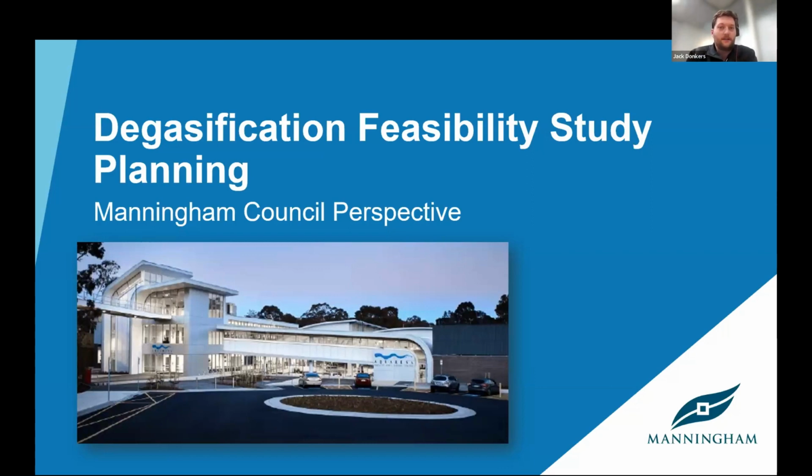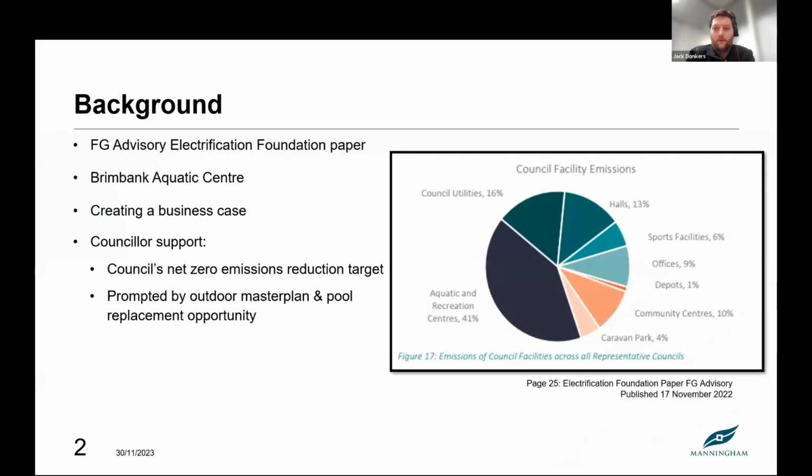So starting off, a little bit of background for our feasibility study that we're currently doing at Aquarena Aquatic Centre based in Melbourne. The thing that really started it off for our council was there was a lot of talk through different councils about heat pumps and ESD upgrades to aquatic centres.